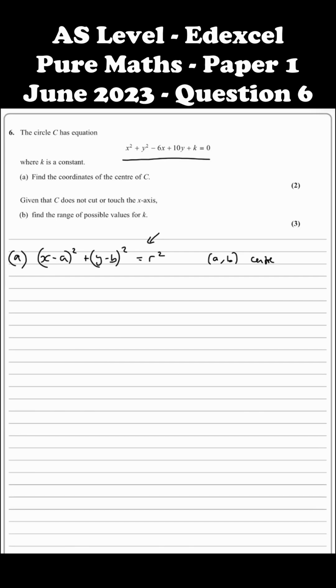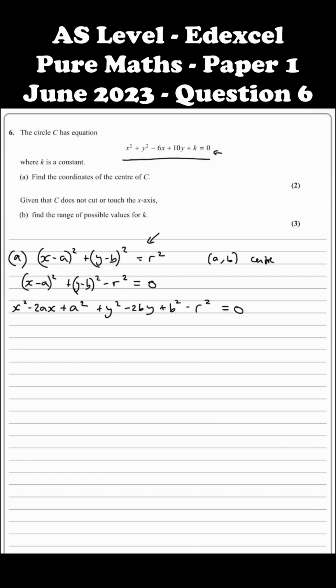First thing I'm going to do is move the r squared onto the other side, because we can see it equals 0 over here. So this is going to be (x minus a) squared plus (y minus b) squared minus r squared equals 0. Now if I expand out these brackets, we're going to get x squared minus 2ax plus a squared plus y squared minus 2by plus b squared minus r squared equals 0.